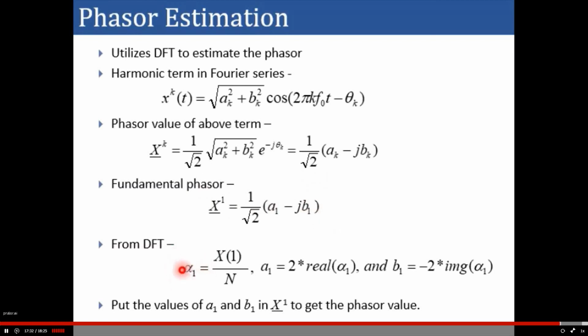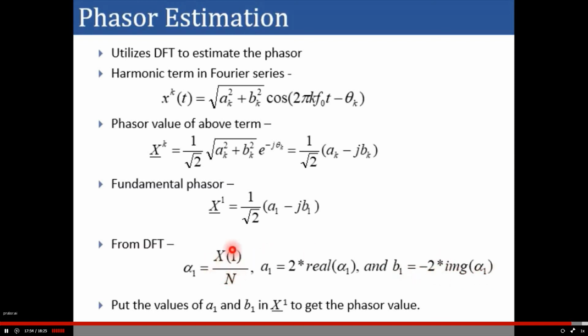We know that alpha k is nothing but X(k) by N. So for the fundamental, alpha 1 can be written as X(1) by N, where a_1 is nothing but 2 times the real part of alpha 1 and b_1 is minus 2 times the imaginary part of alpha 1.